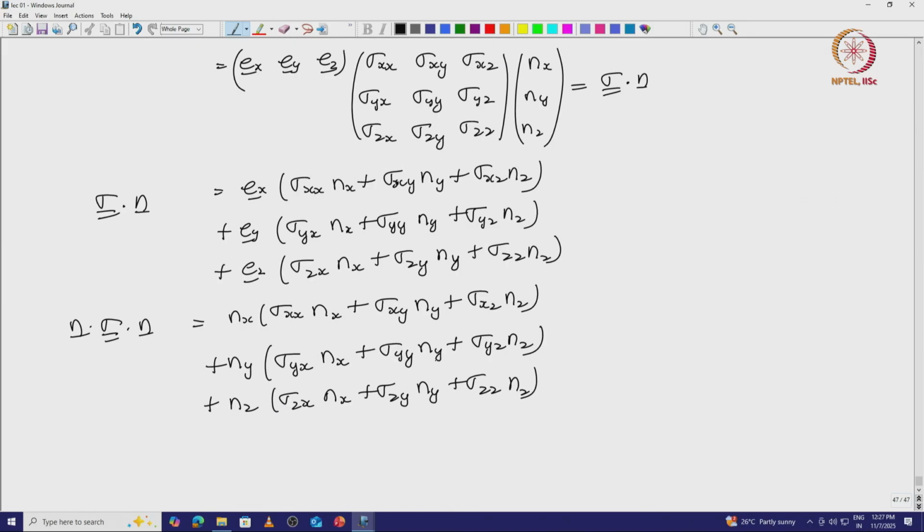Therefore, I have the force is equal to sigma dotted with n.